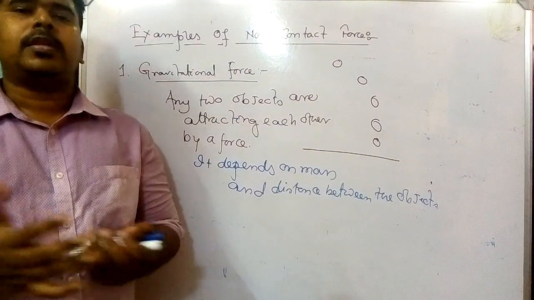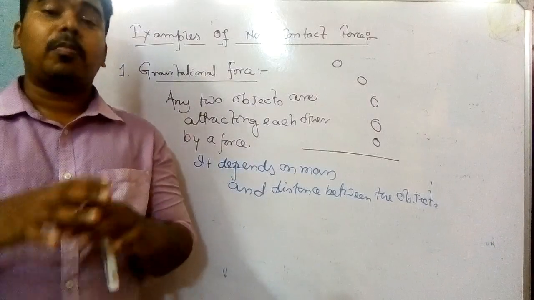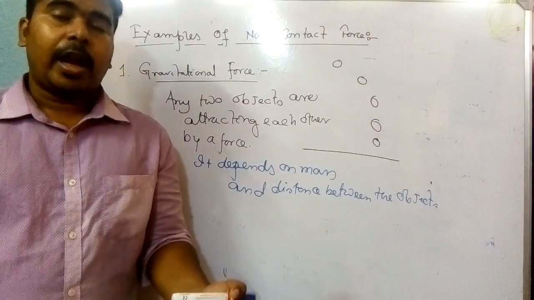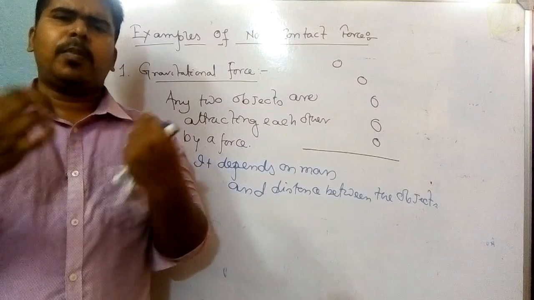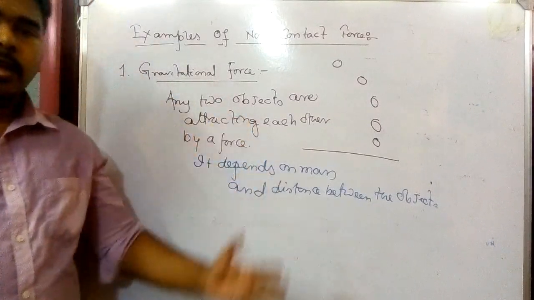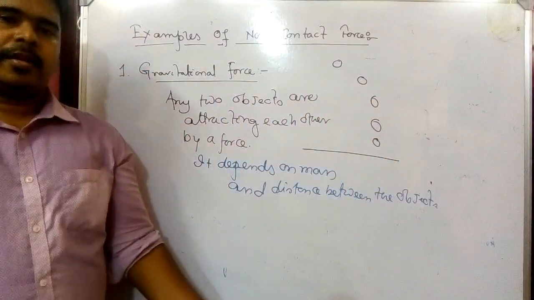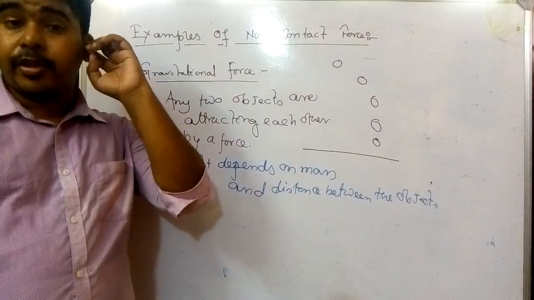Everywhere the force is acting. In that case the force seems to be stronger because their masses are more. In general objects, as the masses are less, we cannot feel it. And here also there is no contact needed. That is known as gravitational force.